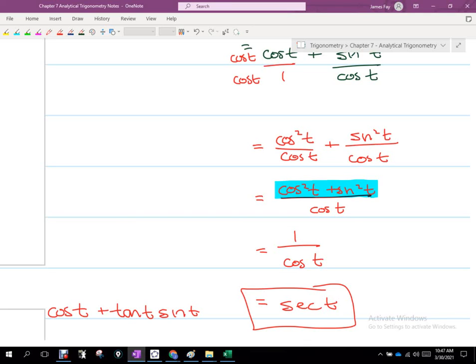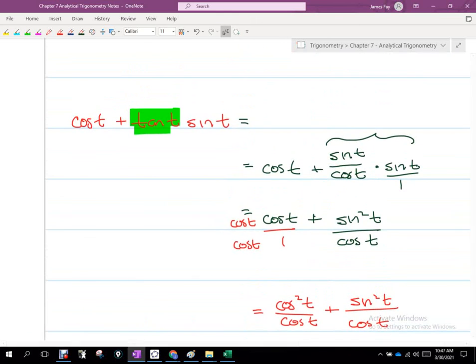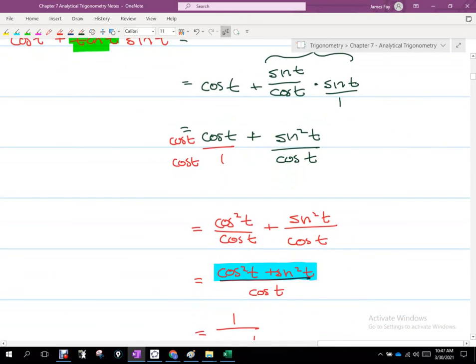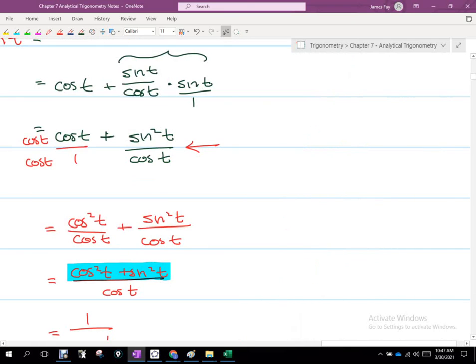Okay? Now, as we're going through this, I said we could have made the substitution right here of sine t or sine squared t. So let's see, because I like to show alternative pathways. Because your neighbor might do one of these differently.